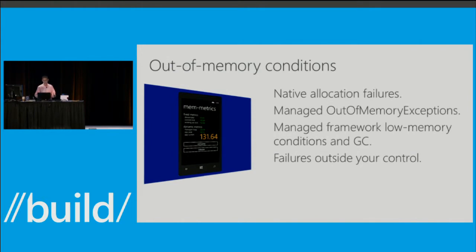If it's a managed app, you catch the out-of-memory exception. If it's a native app, then you're doing something to allocate memory, a virtual alloc of some kind underneath, and you'll get a null pointer back. If you don't handle a null pointer, then the same applies. It'll be an unhandled exception, and we'll Watson and terminate you. So either way, you handle the memory allocation failure, and you can recover.